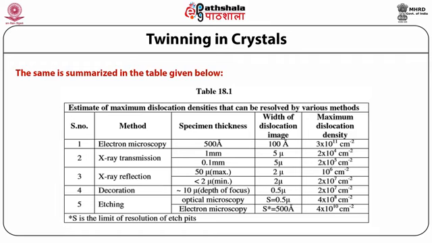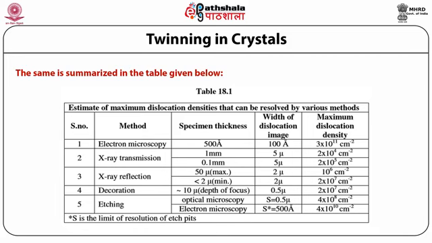The other method is X-ray reflection, for which, if we have a specimen thickness of 50 microns maximum, width of dislocation image 2 microns, maximum dislocation density is 10 raised to power 6 per square centimeter. If the specimen thickness using the same technique is less than 2 microns minimum, width of dislocation image is 2 microns, maximum dislocation density is 2 into 10 raised to power 7 per square centimeter.